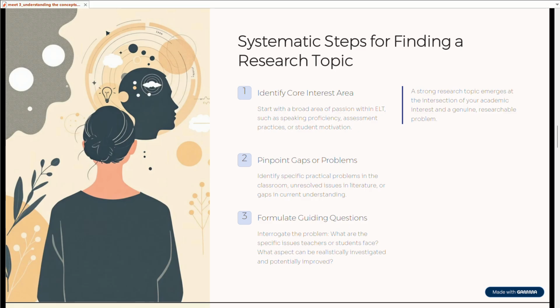Then the second is to pinpoint gaps or problems. Identify specific practical problems in the classroom, unresolved issues in literature, or gaps in current understanding. But it depends on the policy in the faculty, their research roadmap, so you need to consult your lecturer later on.